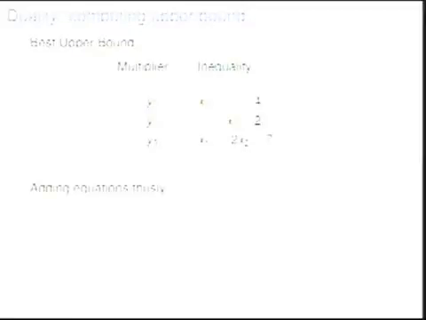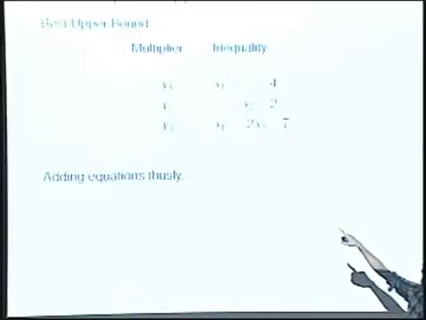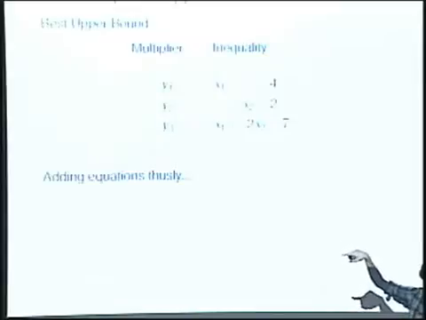So what we did in the previous process is we multiplied each one of these equations by a number, y1, y2, and y3. For example, what did we choose for y1, y2, and y3 for the upper bound? The first time we added 1 times the first equation plus 8 times the second equation. So y1 was 1, y2 was 8, and y3 was 0.